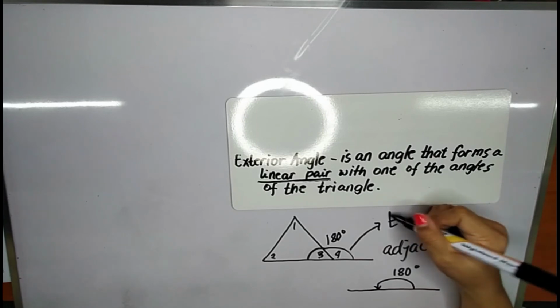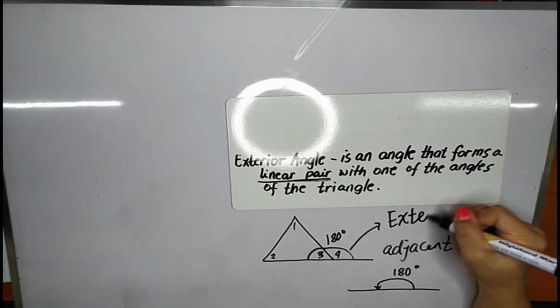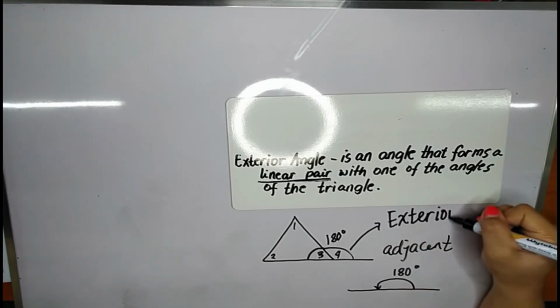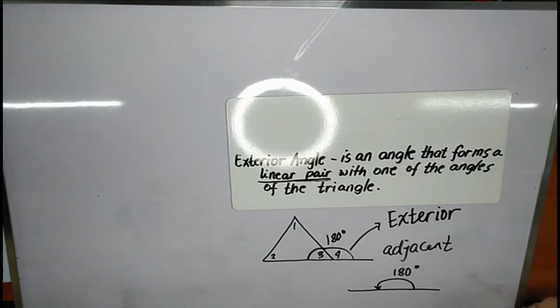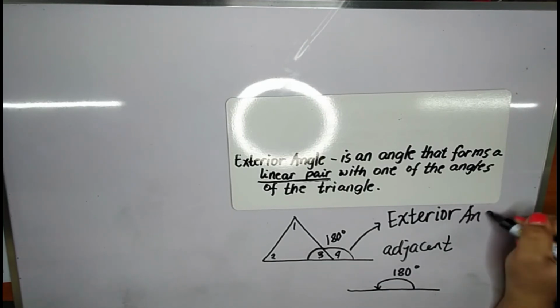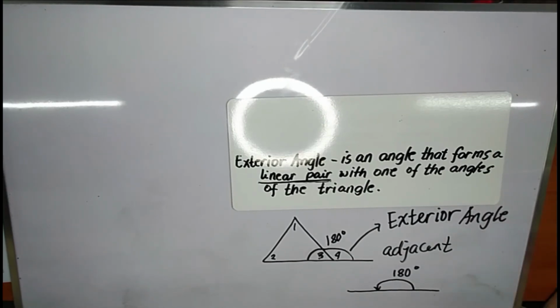Angle 4 is what we call the exterior angle of this figure because it is located outside this triangle and it is adjacent to one of the angles inside this triangle. Okay, so 4 is our exterior angle. Do you get it now? What is an exterior angle?